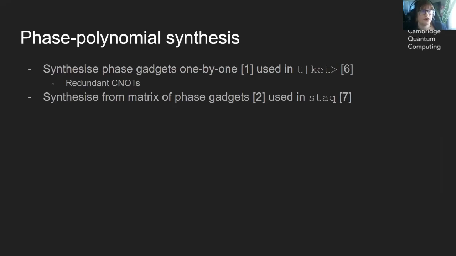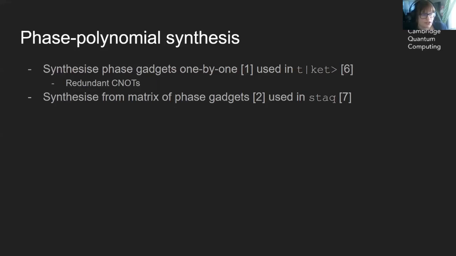But of course, if you have a good optimizer such as Tket, it isn't necessarily a bad thing to do. Alternatively, you can attempt to synthesize all phase gadgets together such that we can track the effects of synthesizing one phase gadget on the remaining phase gadgets. And this approach is used in Stack, and is also what our algorithm is based on.